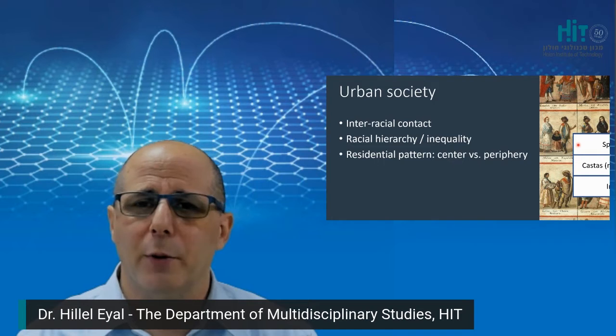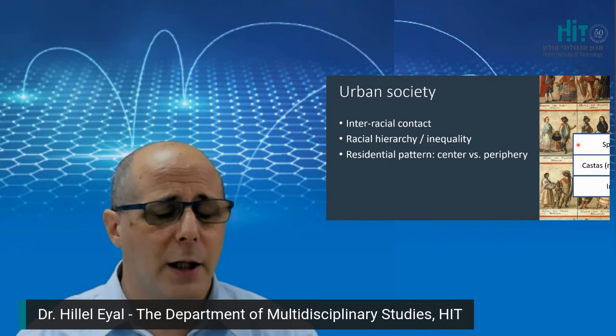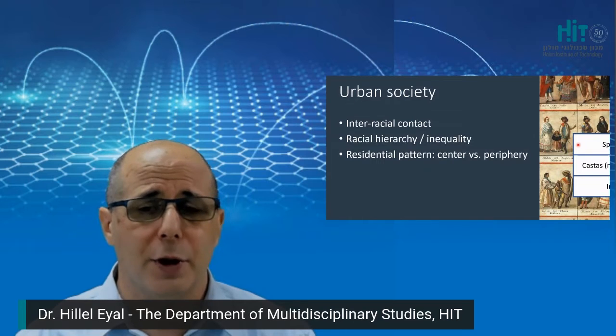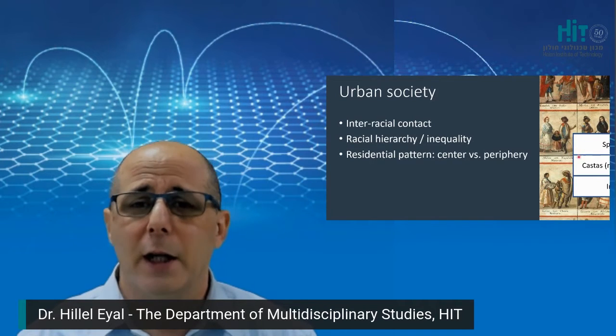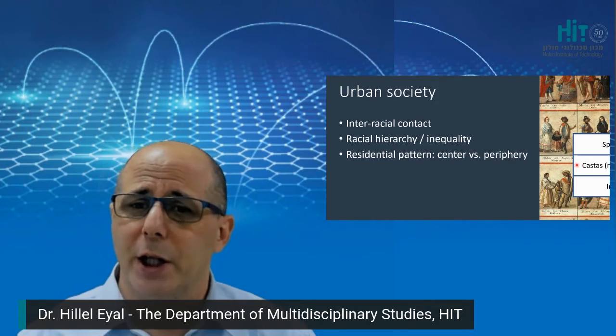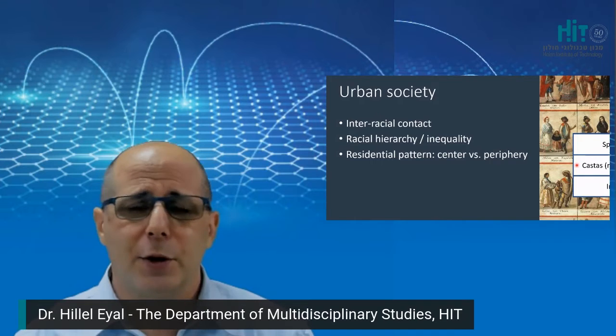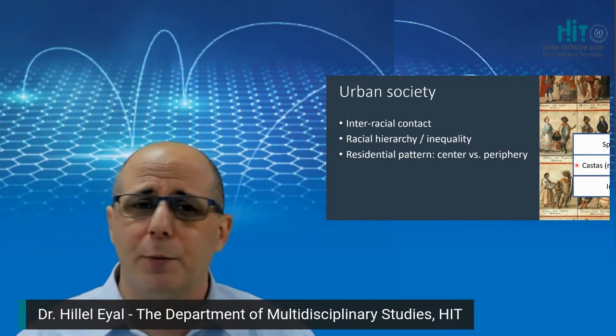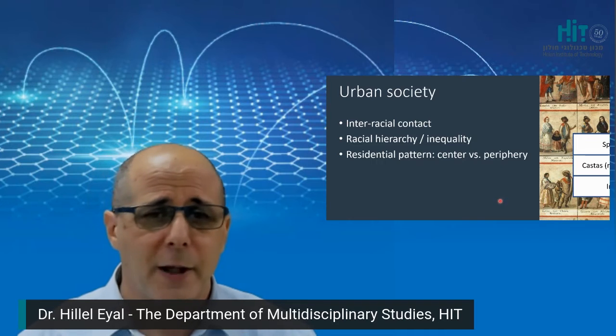So on top we have the Spaniards. Again, that includes Spanish immigrants and their descendants, those born in Spanish America. At the bottom we have the Indians, and in between we have what is called castas. Those are racially mixed people. So very generally speaking, they occupy an in-between group in the city.